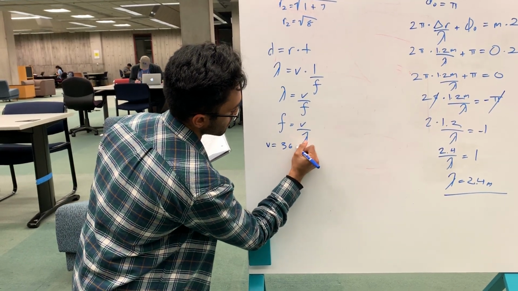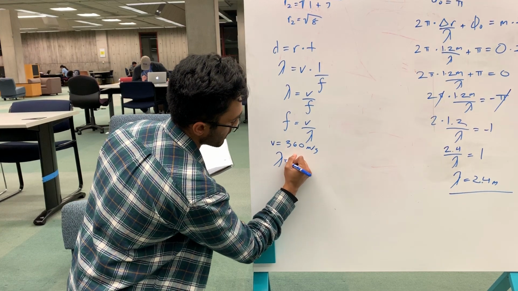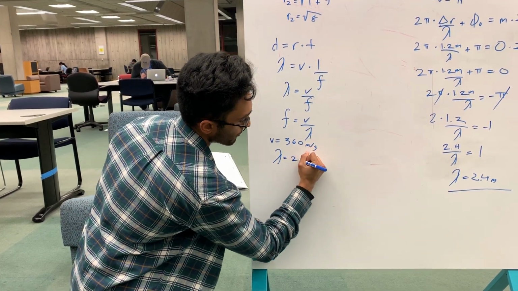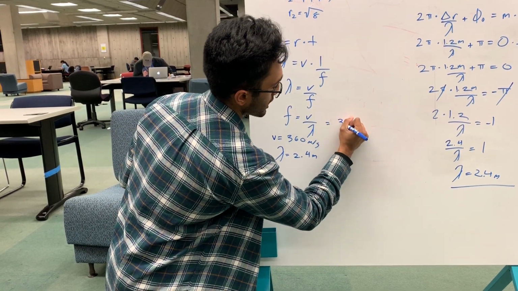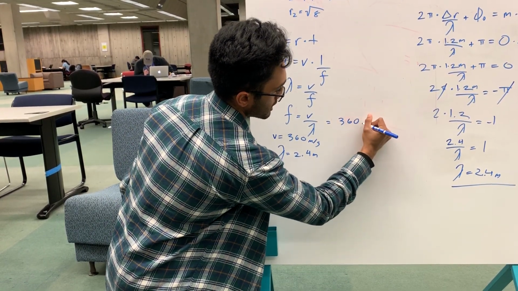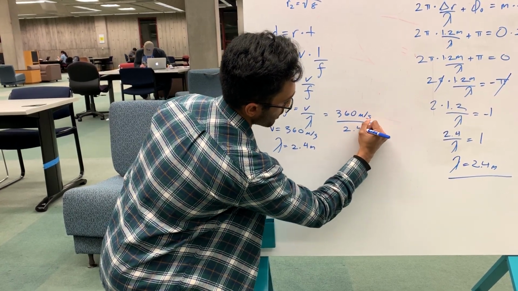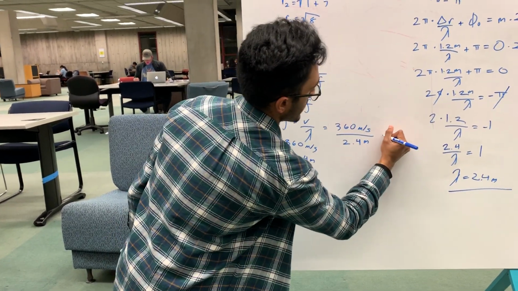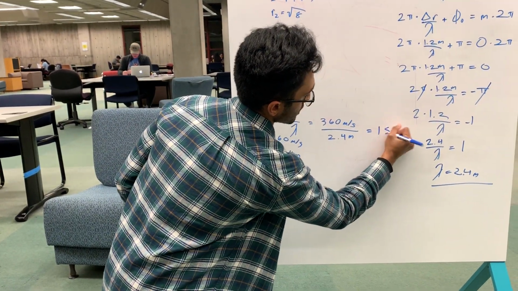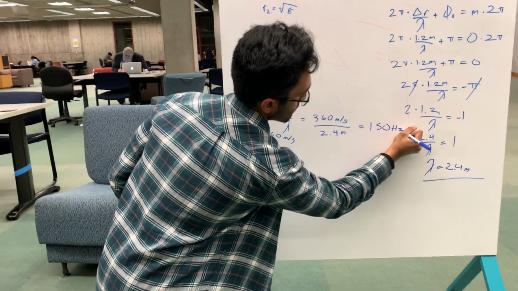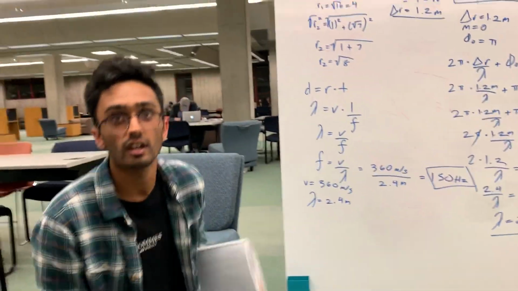So V equals 360 meters per second, and we also have our wavelength, which is 2.4 meters. We can just plug and chug with 360 meters per second over 2.4 meters, and that gets us our final value of 150 hertz, which is our final answer.